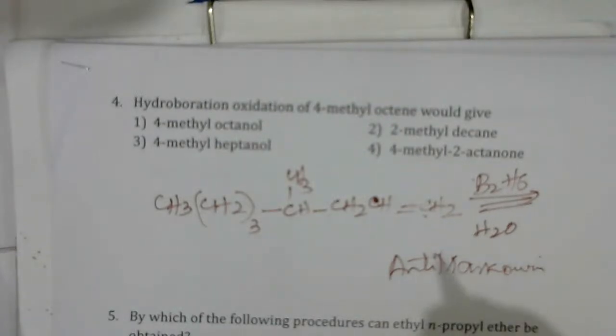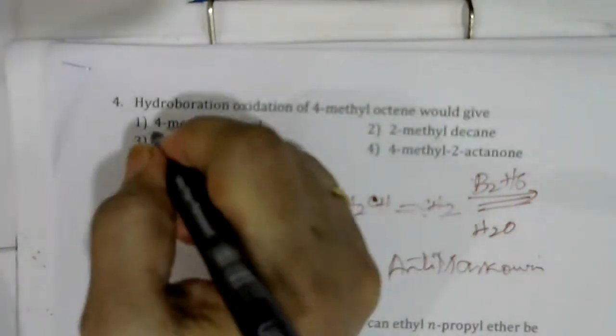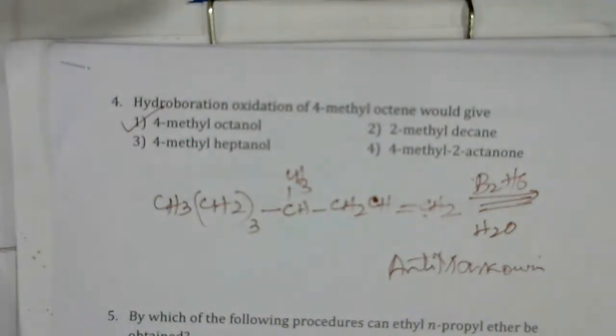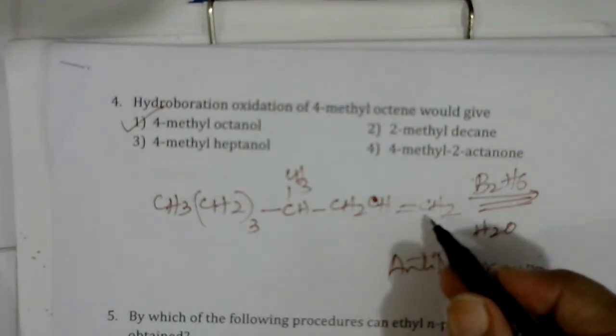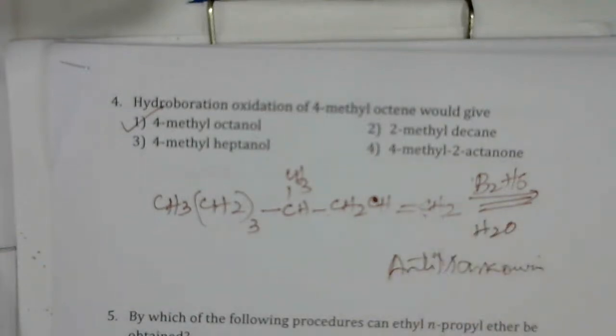Don't go for writing a lengthy answer, because we need to consume less time also. That's why we will get the product as 4-methyl octanol. We'll get the product as what, children? 4-methyl octanol, because the negative part will be added to the carbon containing the greater number of hydrogen atoms.